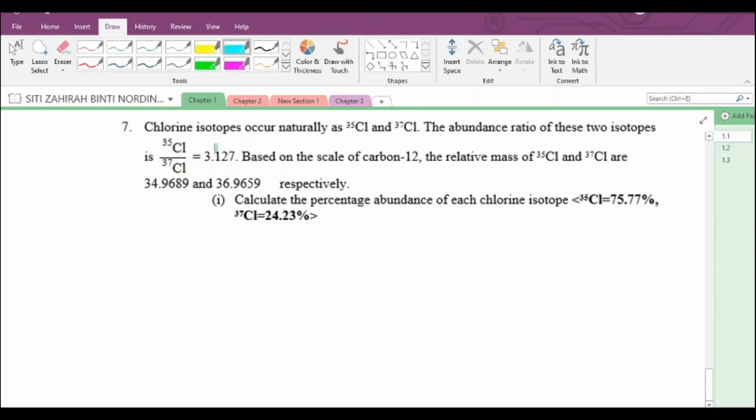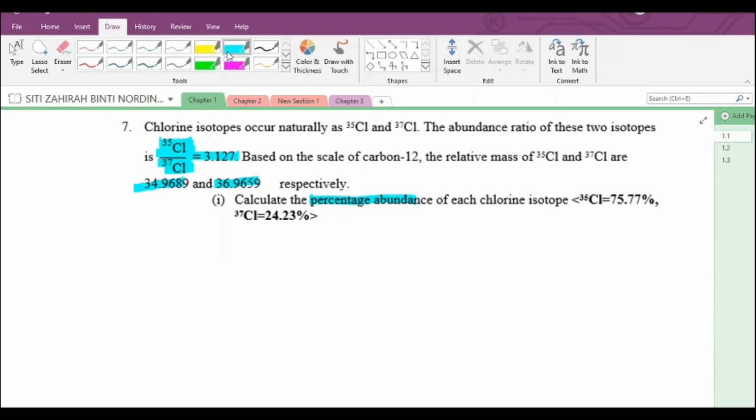I'll give you the hint for question 7 as well because the information is in ratio form. So chlorine has 2 isotopes, which are in the ratio of 3.127 to 1, and you are given the masses in the question. The first part: calculate the percentage abundance of each chlorine isotope.